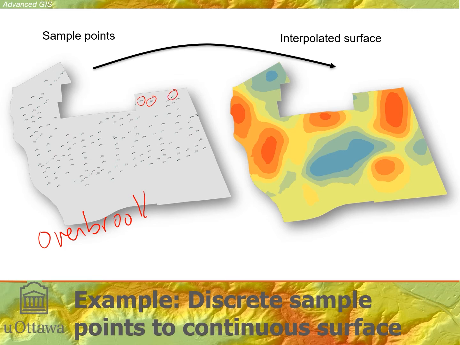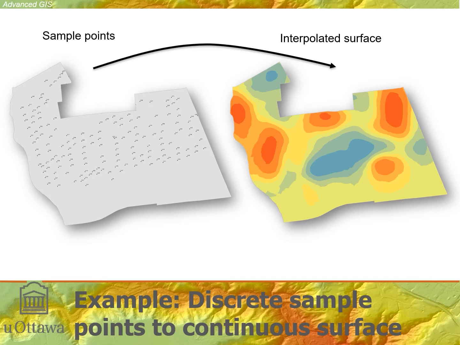These numbers here are an index of aesthetics. So basically, how nice the block faces look at each of these locations. And so it's a quantitative index, and it's measured on a ratio level, in that it goes from 0 up to 5, which is the maximum number possible for this index.